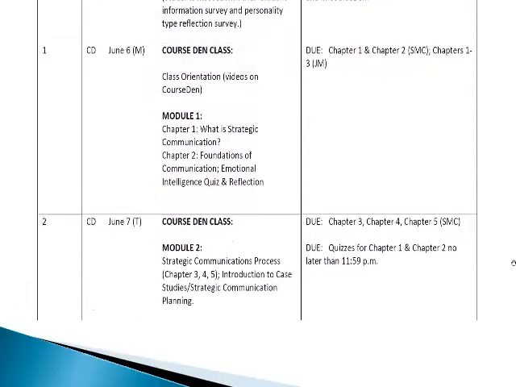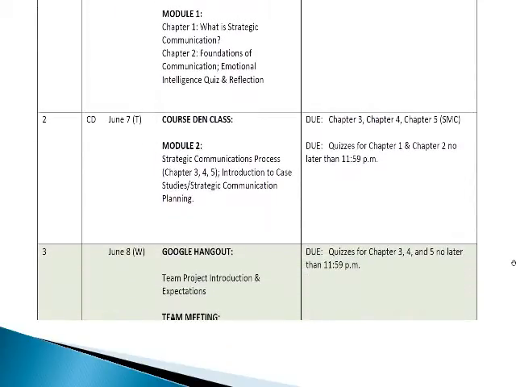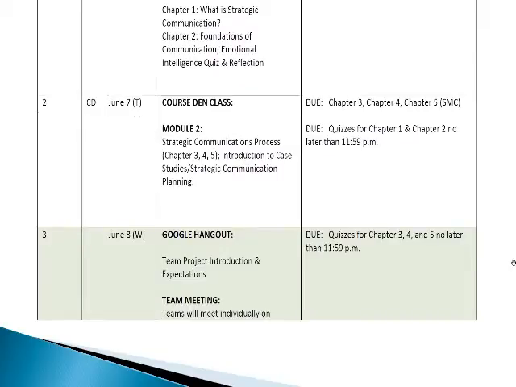You'll notice that this lines up to the CourseDen that you'll be working with, and there may be some adjustments from this course syllabus to the CourseDen, but if you look at CourseDen as your rule of thumb or the place that you look first, this will give you all the deadlines and all the specific information.